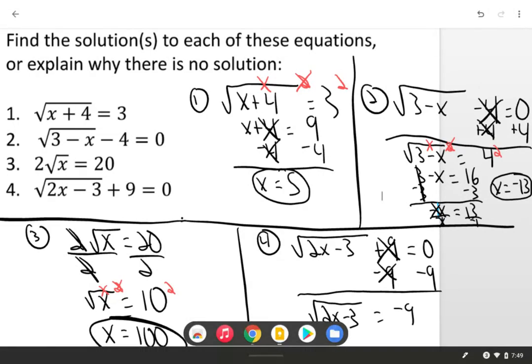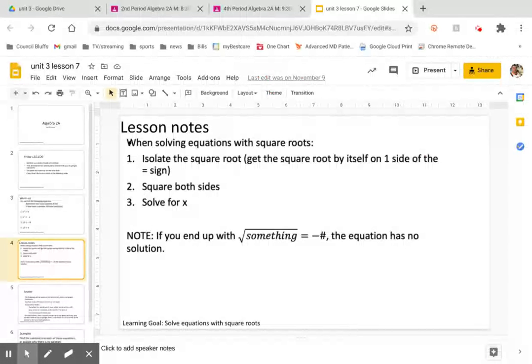I want to call your attention back to the lesson notes to this last part. Note, if you end up with the square root of something equals a negative number, the equation has no solution. Why does it have no solution? It goes back to what we talked about yesterday.